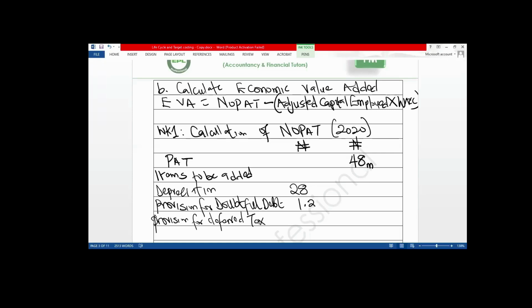We have an adjustment of 2 million deferred tax provision. That adjustment of 2 million should be added back. The actual amount paid as tax is 16 million. However, the company adjusted its figure to make provision for deferred taxation of 2 million. That 2 million should be returned back to the profit.